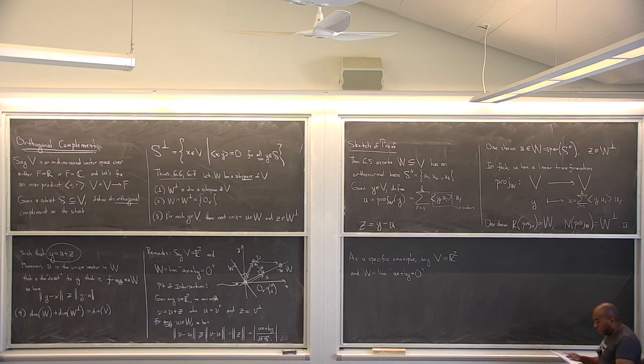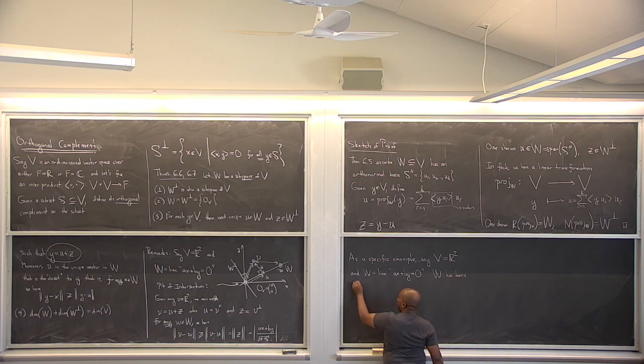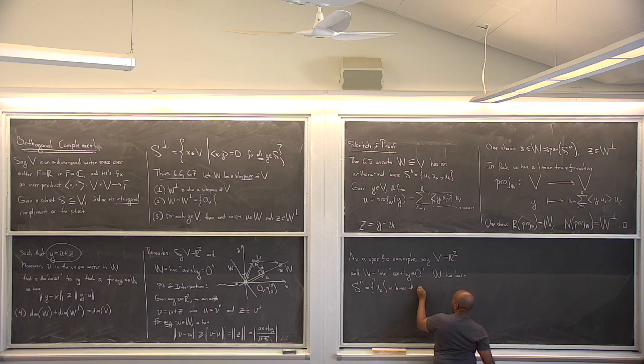Well, remember that we already have a vector here. W has this basis S double prime, where this u2 is now this vector.